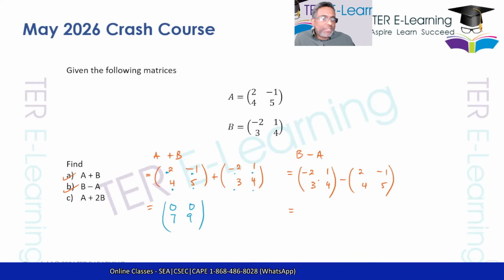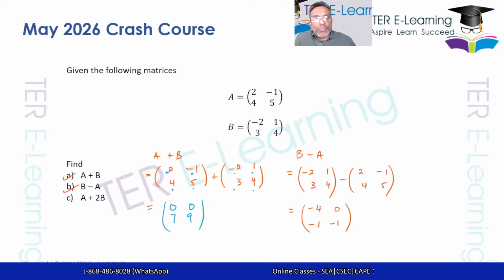So minus 2, right? Looking at the corresponding elements, minus 2 minus 2, you're going to get minus 4. 1 minus minus 1, you're going to get 0. 3 minus 4 will give us minus 1. And then 4 minus 5 will give us minus 1 as well. Okay? So that's what I'm going to get when I subtract those two.